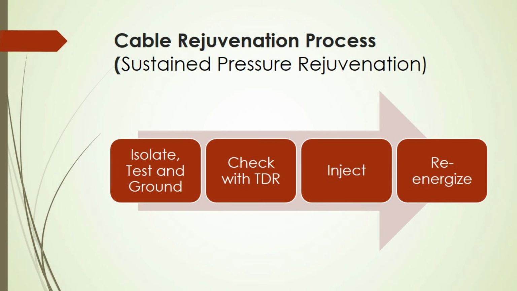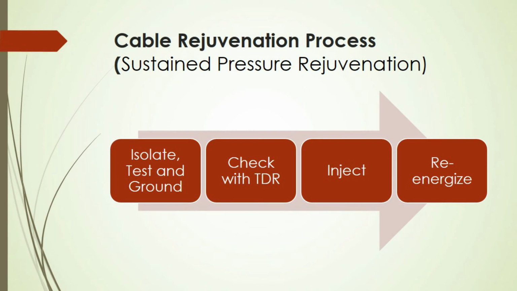Sustained pressure rejuvenation, or SPR, on the other hand, injects fluid into the strands at a modest pressure using injection adapters, and the pressure is usually around 1 to 300 psi. Now, to facilitate prolonged pressure injection, legacy splices, which are typically of dubious dependability, are usually going to be replaced.